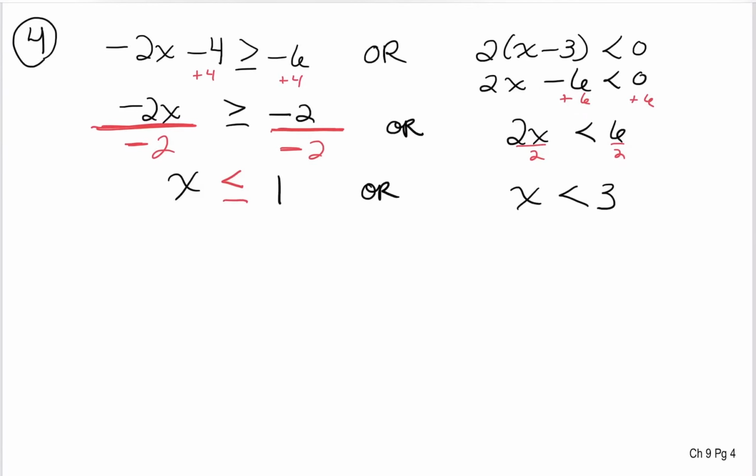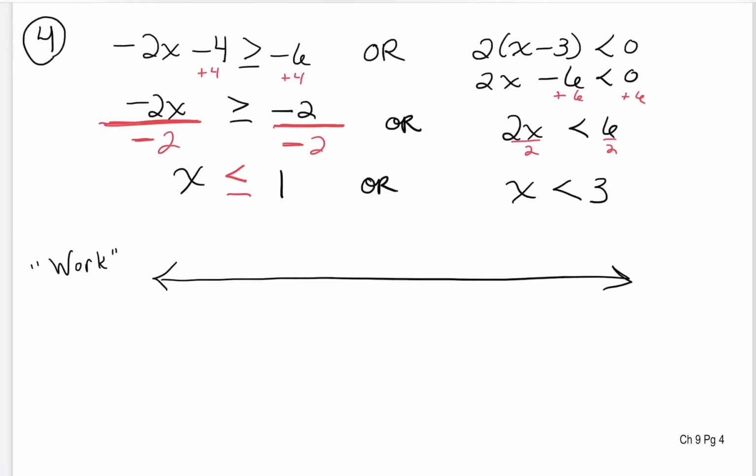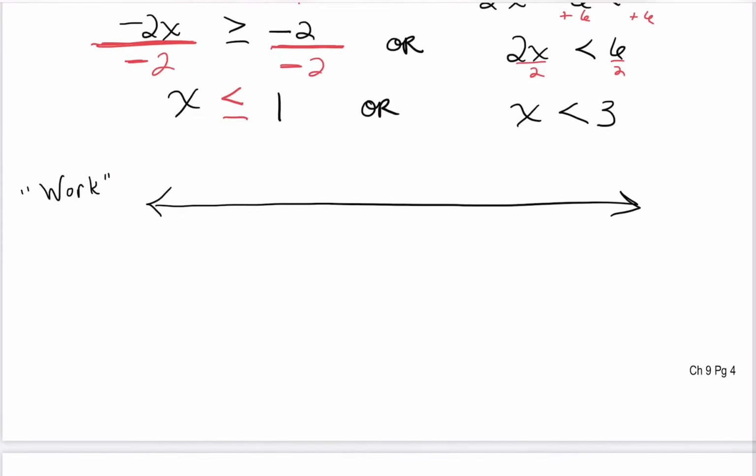All right, so you know the drill, hopefully at this point. My work is simply to graph both of them on the same number line. So let's just say here is 0, here's 1, 2, and somewhere over here is 3.